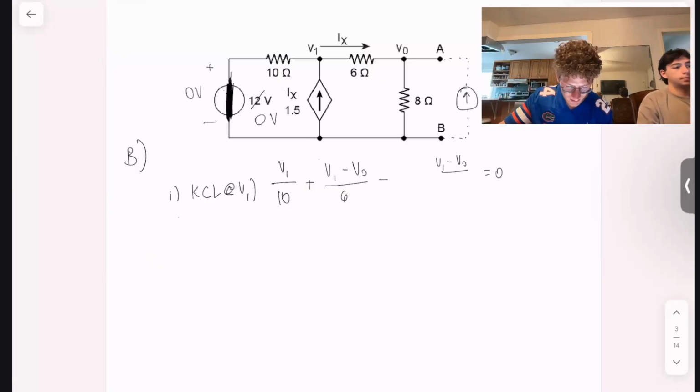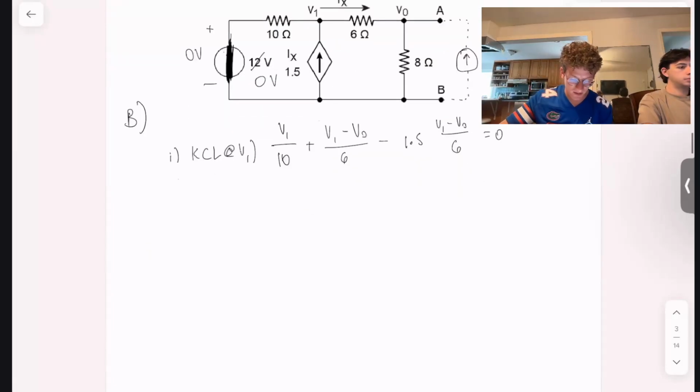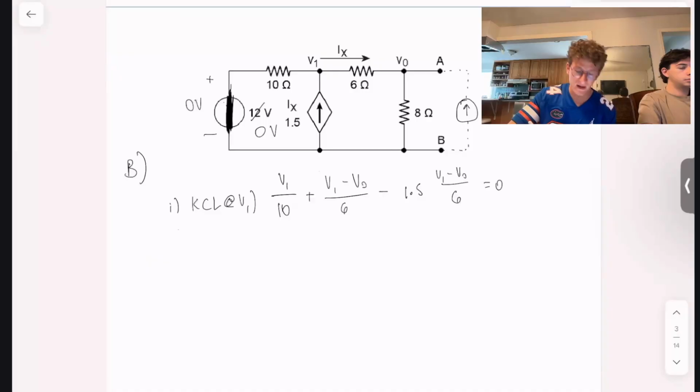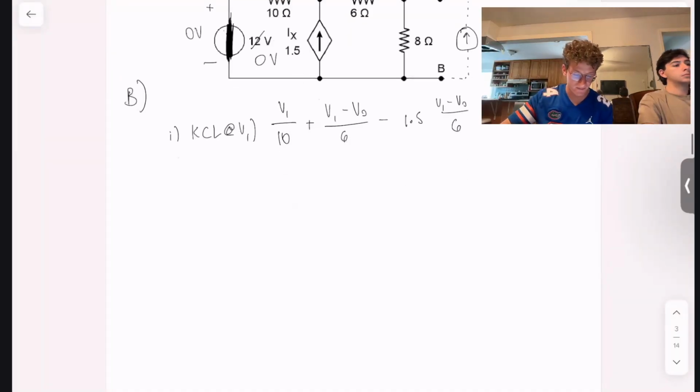And going into this again, you have IX. We'll subtract IX, and instead of calling it IX, since we know what it is now, we'll just call it 1.5 times V1 minus VO over 6, which is equal to 0, because V1 minus VO over 6 is equal to IX. So we can just substitute that in.